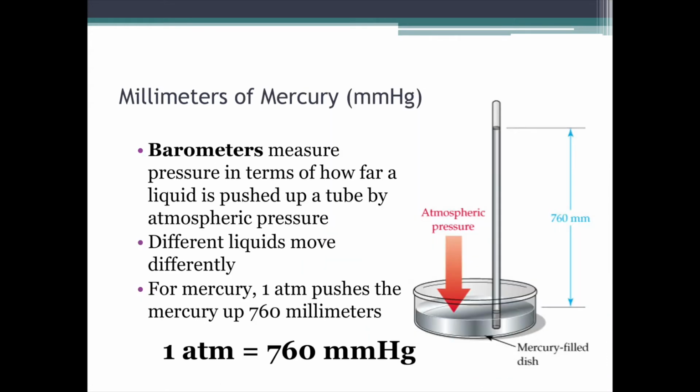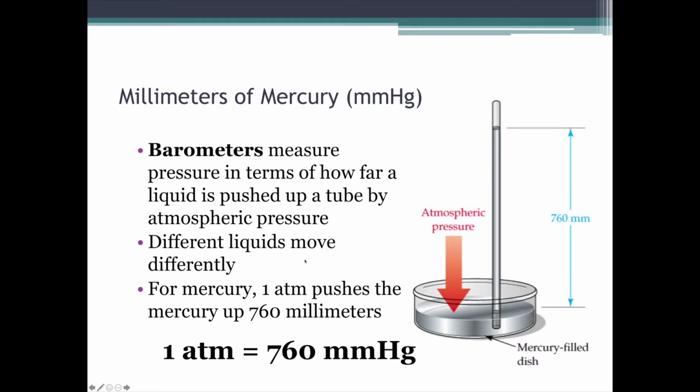Now, we can use a device called a barometer to measure pressure. Barometers measure pressure in terms of how far a liquid is pushed up a tube by atmospheric pressure. So you have a dish, which in this case is filled with mercury, and then you have a capillary tube dipped into it filled with some of that mercury. As atmospheric pressure pushes down on the mercury in the dish, it's pushed up the capillary tube.